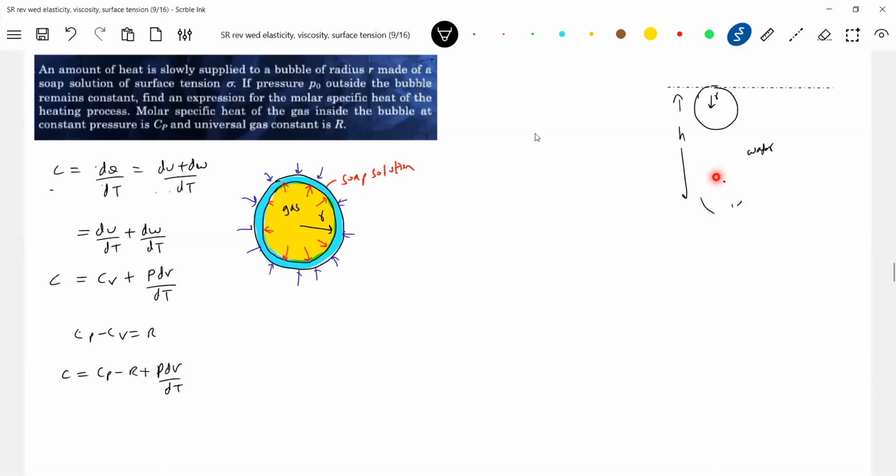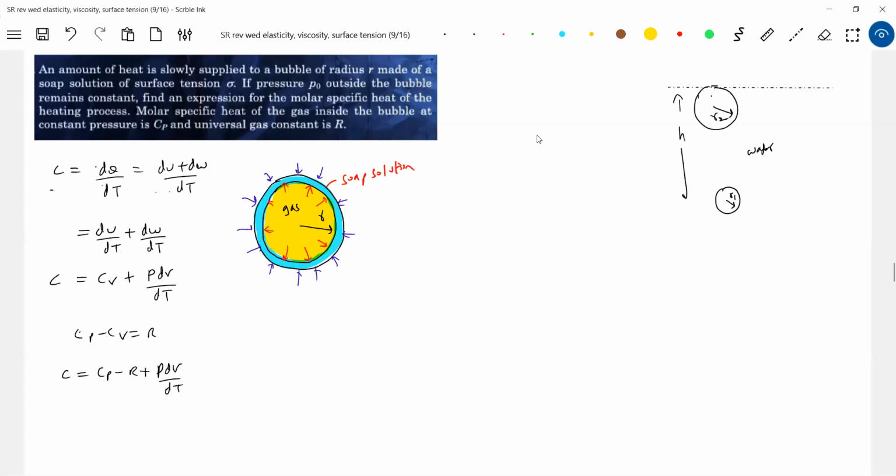This is R1 and this is R2. Two answers are there, increases and decreases.